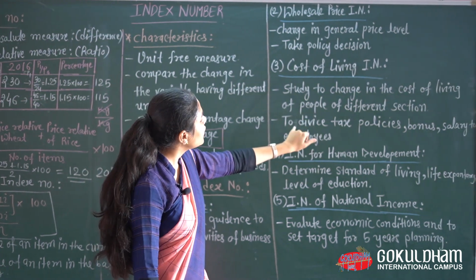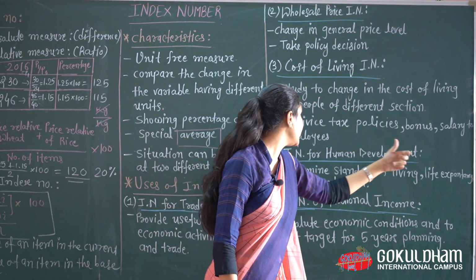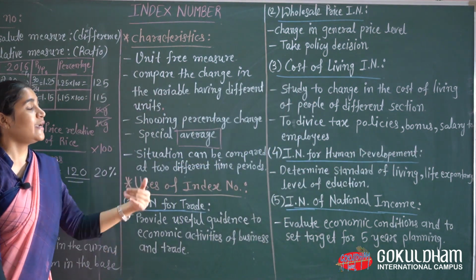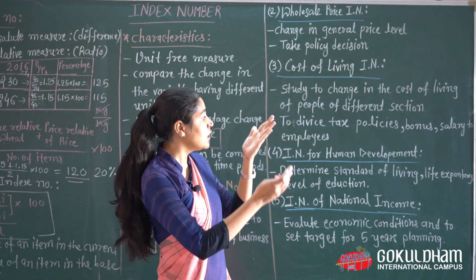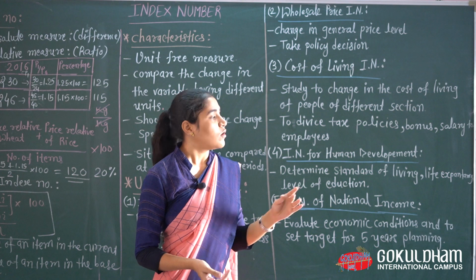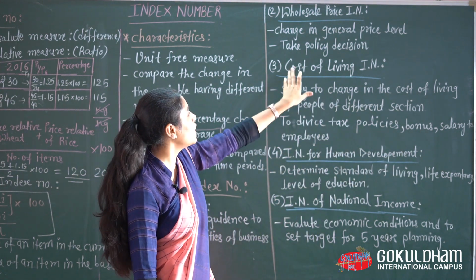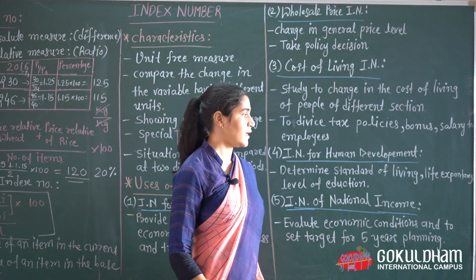And the second point we have to note here is to devise tax policies, bonus, salary to employees. That means if a company has tax policies, and has to define bonus policies and salary to employees, this can also be done by cost of living index number.